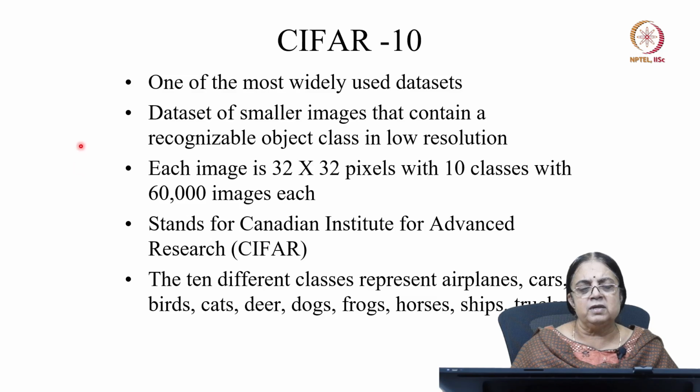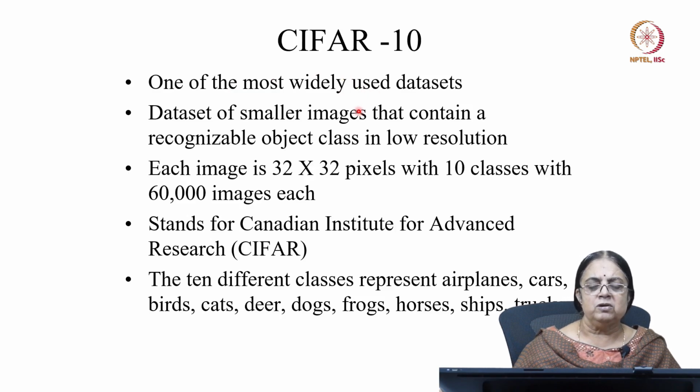Then another data set is what is called the CIFAR 10 data set. Okay, so this consists of small images. Okay, the resolution of these images is not very good, but you find that it's possible to distinguish one image from another image. Okay, so each image is 32 into 32 pixels with 10 classes.